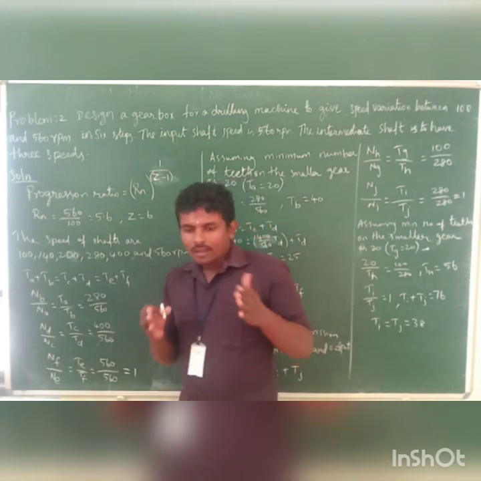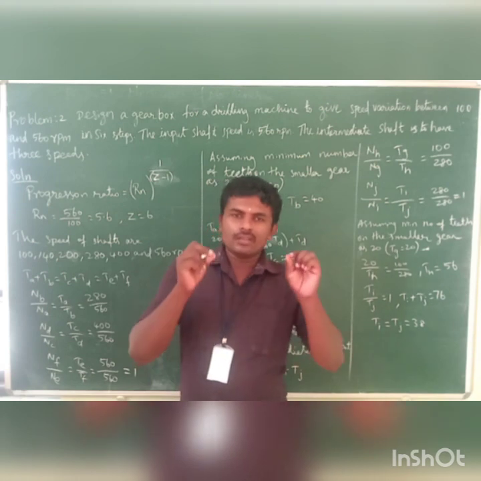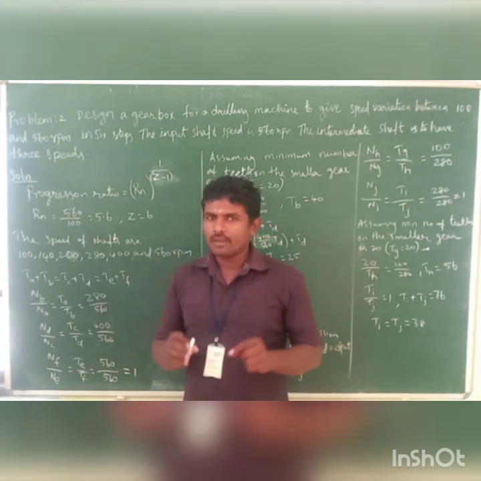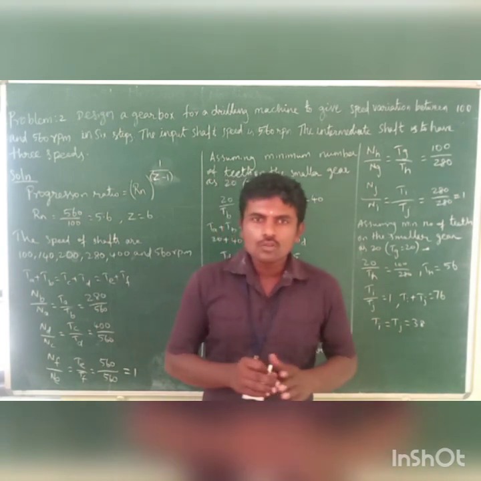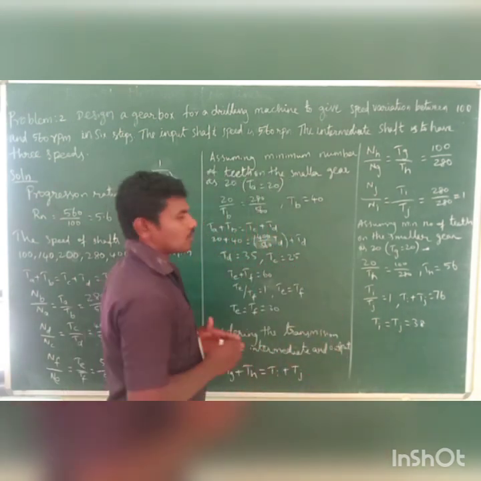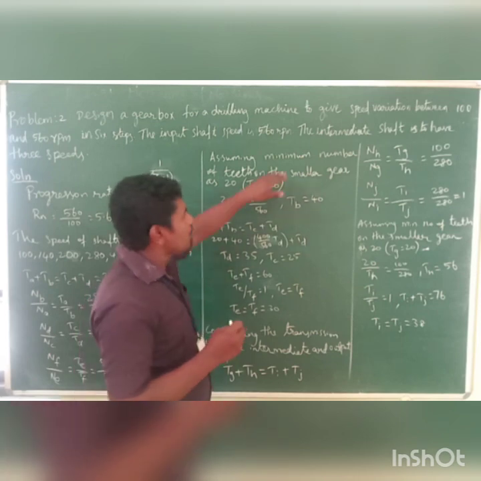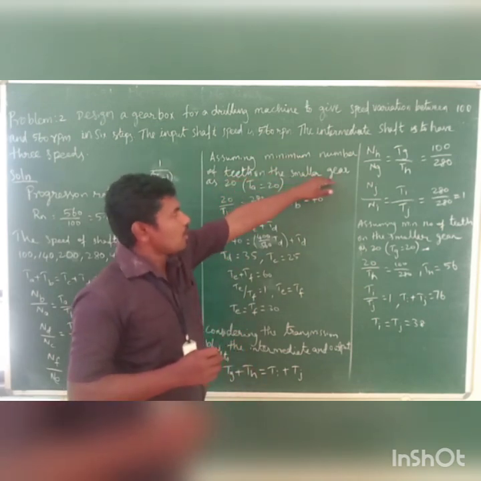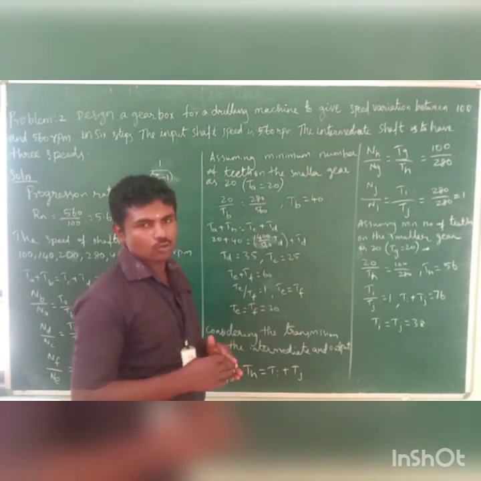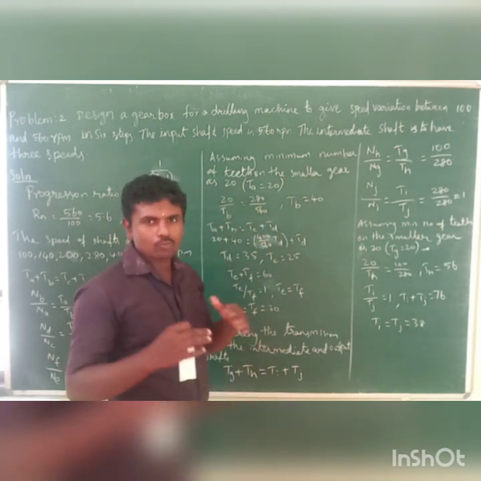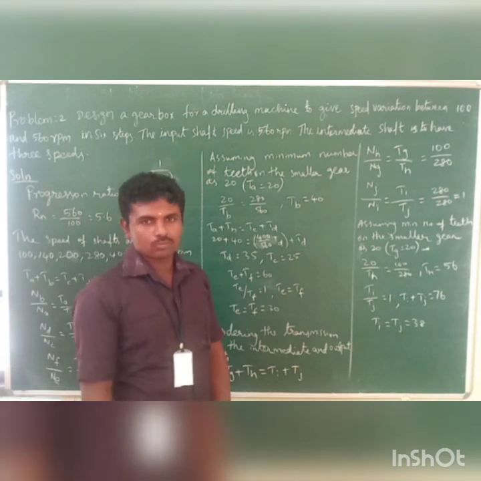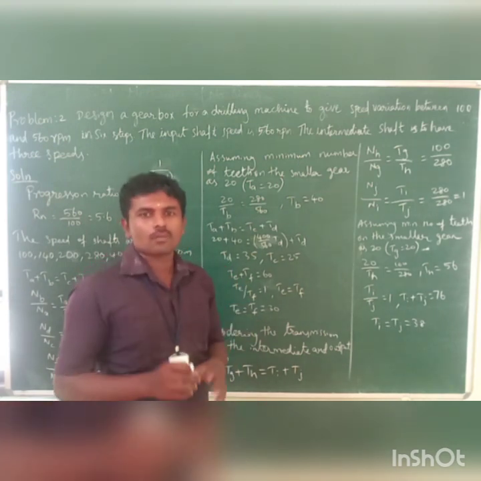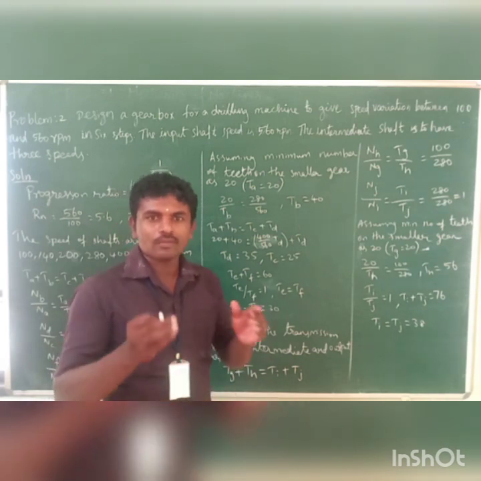But they didn't mention any one of the gear teeth, right? So I am going to assume the minimum number of teeth of the smaller gear is equal to 20. Suppose they mention a minimum number of teeth, then we need to take that.